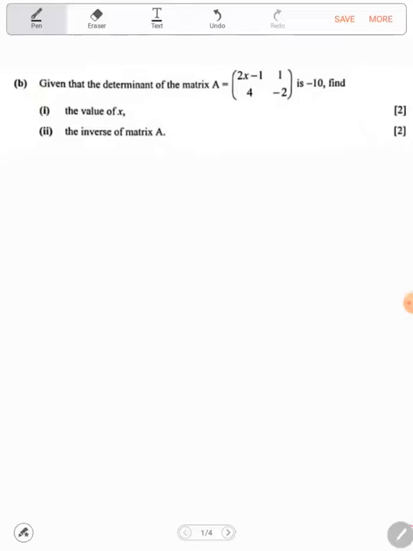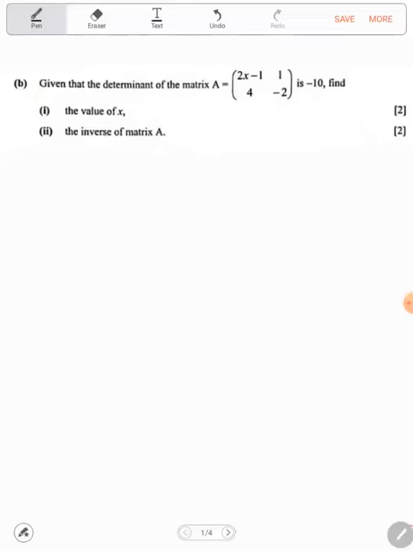Let's multiply now. 1 over negative 10 times negative 2 will be negative 2 over negative 10. This times that will be negative 1 over negative 10. This times this, that will be negative 4 over negative 10. This times that will be 3 over negative 10.